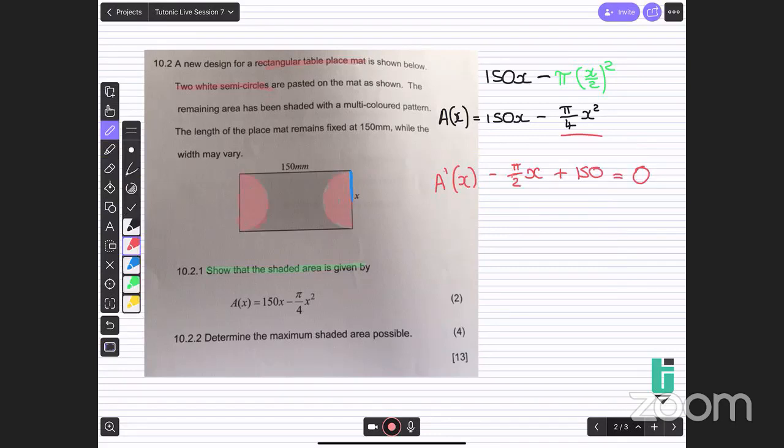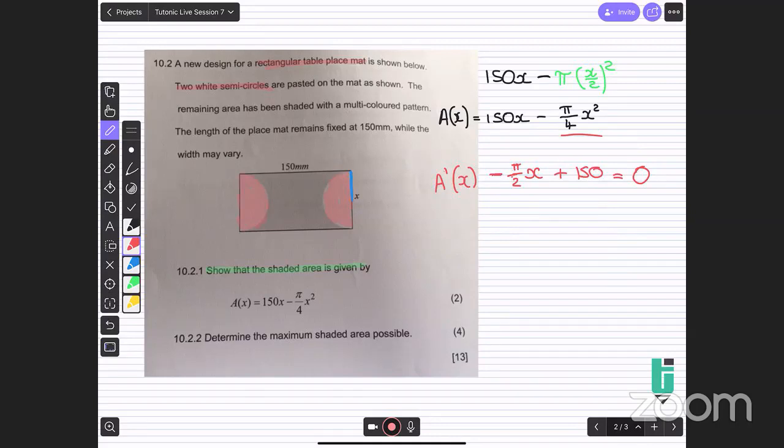And now solve this for me. What are you going to do next? Take the 150 over to the other side. Sure, or we could take the pi over 2 over, then it's positive. It doesn't matter. You see, it's minus pi over 2, so I would take the minus pi over 2 over.